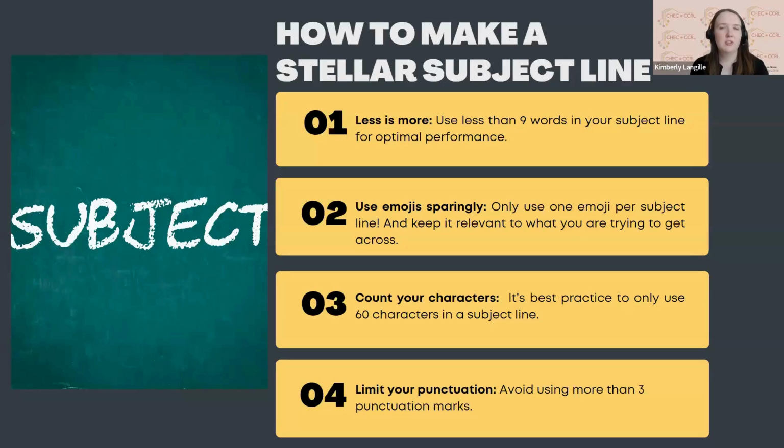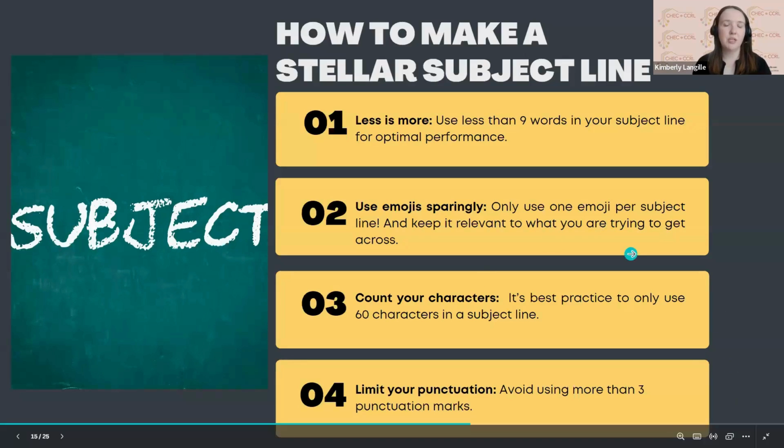So, first things first is less is more. You want to use less than 9 words in your subject line for optimal performance. This is just what Mailchimp has found to be the most successful for engagement.